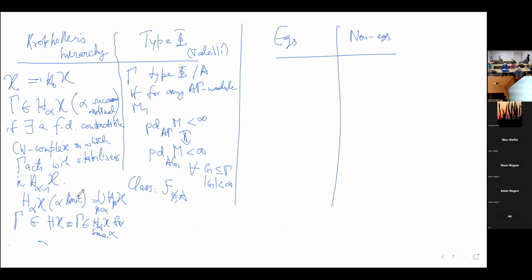And LHX, this is the local part. So gamma is in LHX if and only if all finitely generated subgroups are in HX.